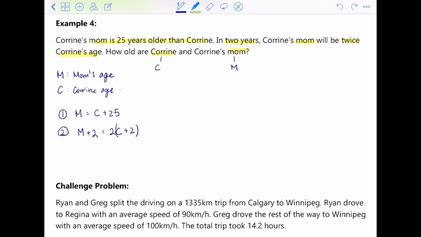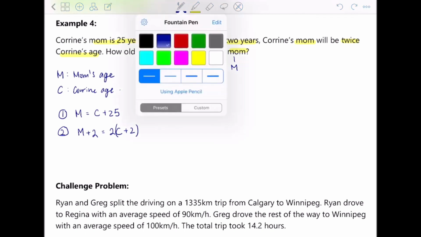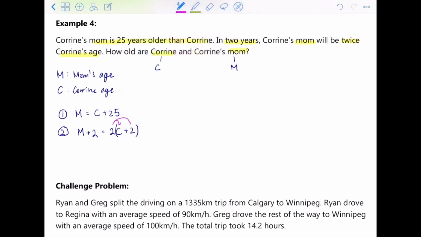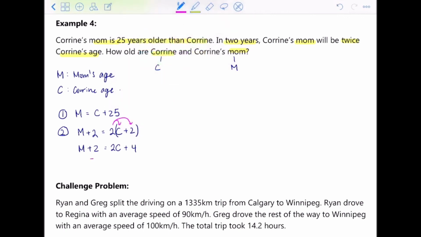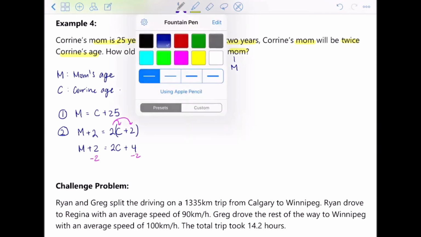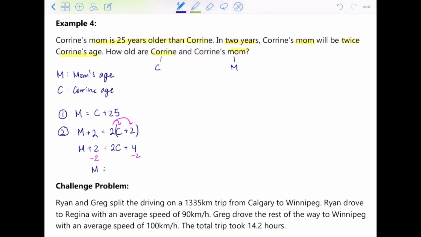So you have to add into the C first. All right, so we're just going to expand the second equation a little bit so we can have a nice equation. So we have left side alone here, and then we can say 2C plus 4, and I'm going to isolate M just because we have 2 constants on both sides. So let's take away 2 on both sides. We have M equals 2C plus 2.